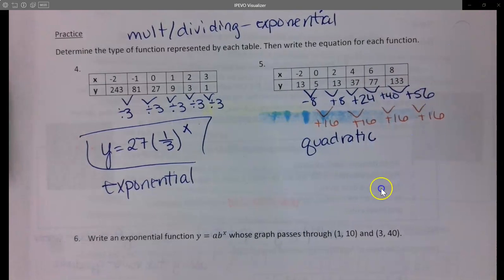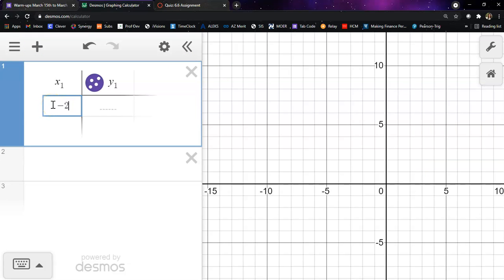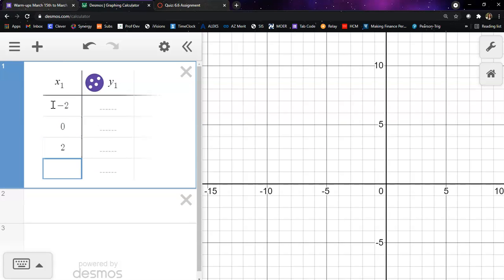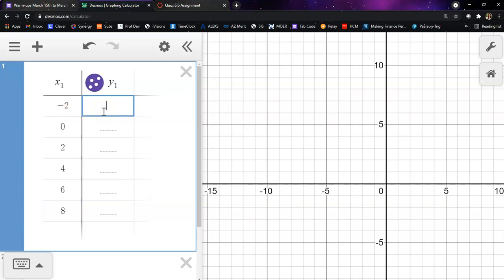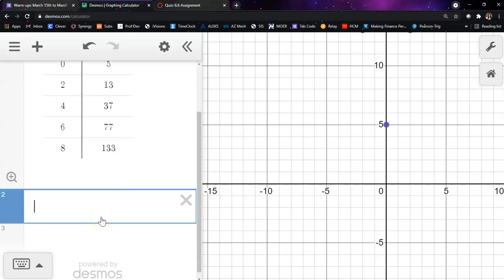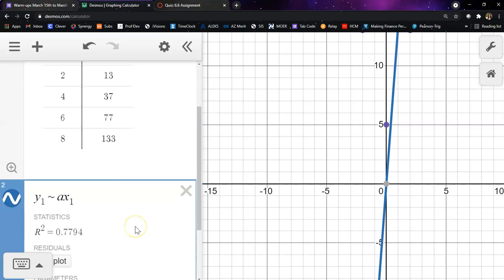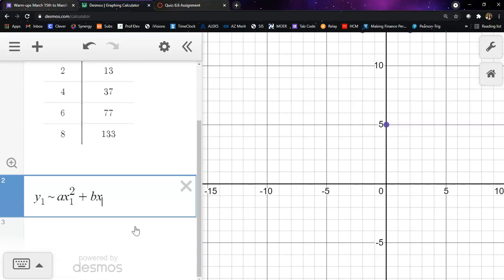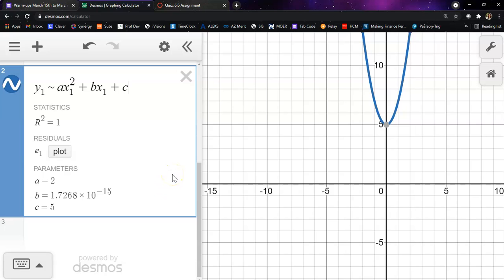Okay. So I can go to Desmos and type this in. So my table had the x1, y1, so I can okay, so it's doing that weird thing for b, so that means that's really 0.